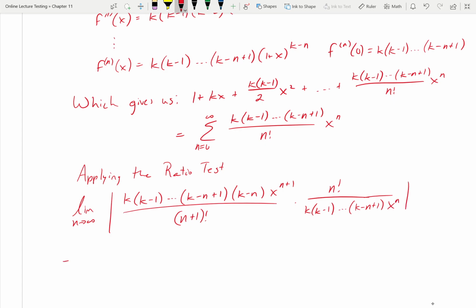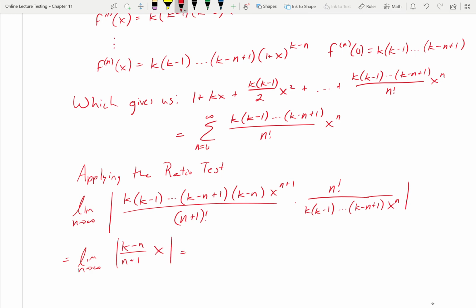All right. Notice a lot of things are going to cancel for us. So all this mess is going to cancel, leaving us with just the following bits of k minus n divided by n plus 1 times x.